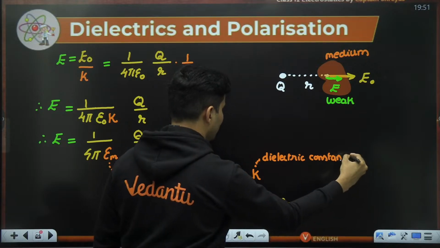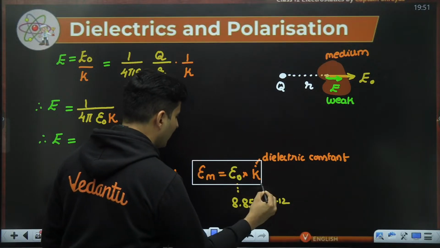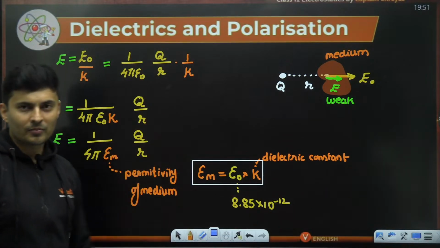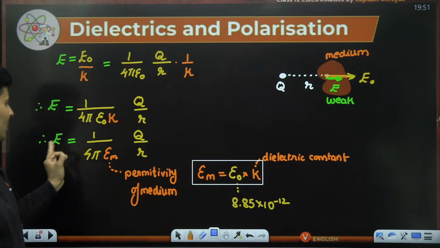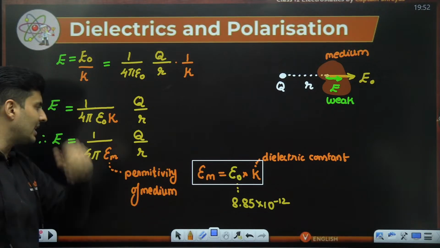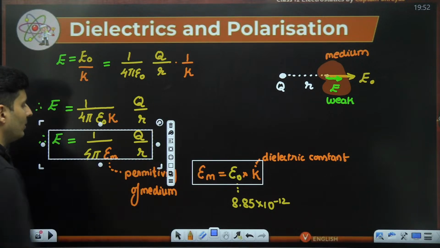It is not the Coulomb constant, it is the dielectric constant. You can use this for calculation of force, for calculation of field, anything. Very, very interesting. The field now is not 1 by 4 pi epsilon naught, it is 1 by 4 pi epsilon m, Q by R. So a very interesting looking formula.